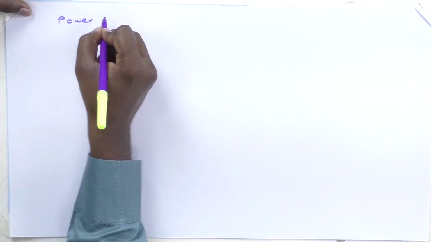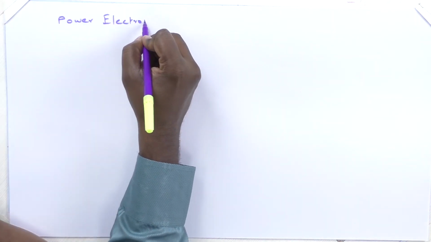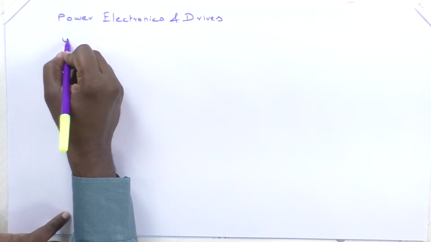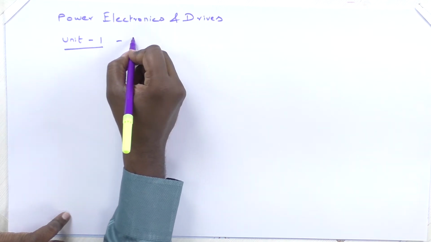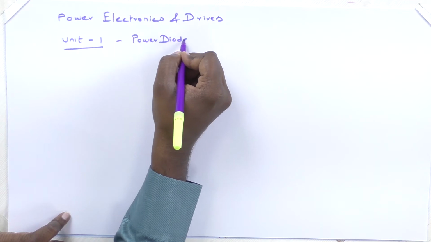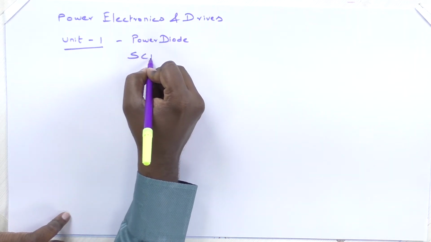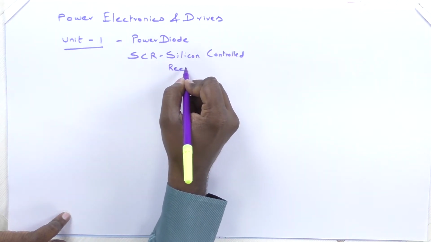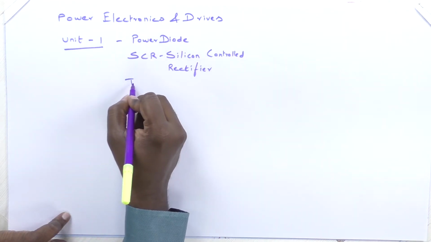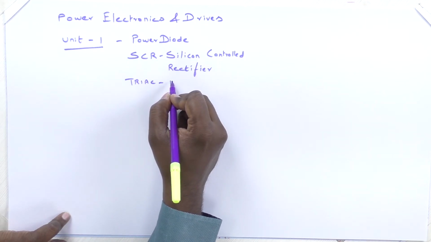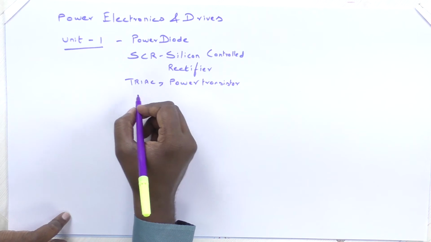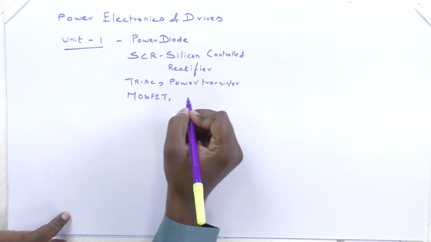Usually unit 1, for power electronic devices, as I said, consists of power diode, SCR, which stands for silicon controlled rectifier, TRIAC, power transistor, MOSFET, IGBT.